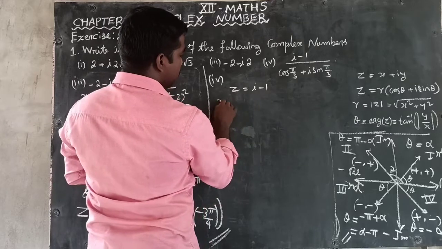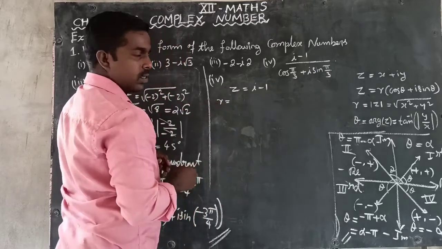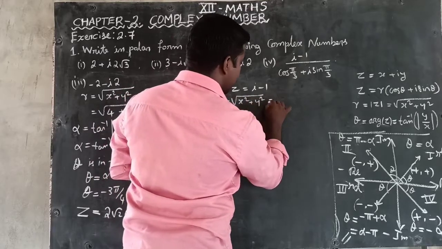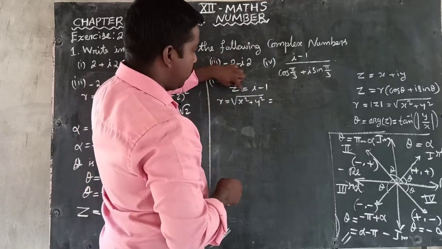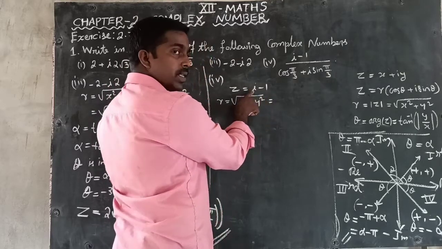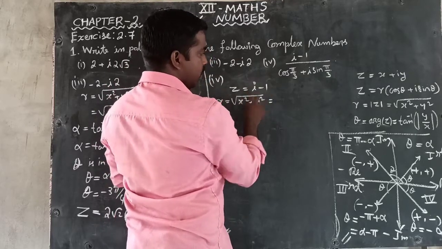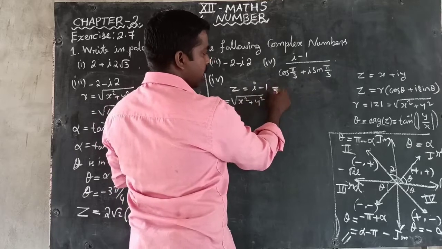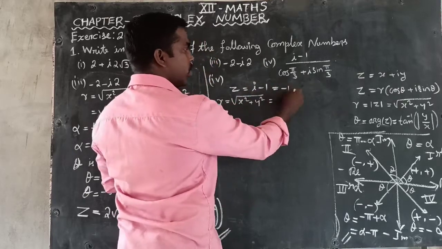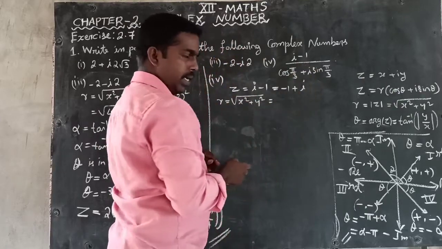First, the value of r. r is the square root of x square plus y square. Here x is minus 1 and y is plus 1. In a complex number, first we write the real part, next the imaginary part.